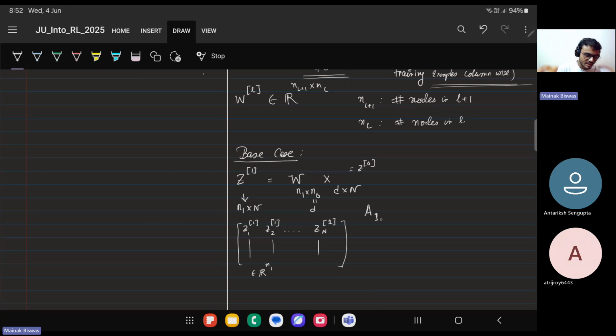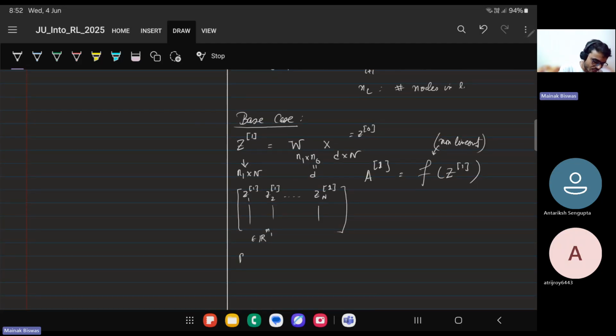Then I define an activation, as we discussed all this while, A1 as some non-linearity of Z1.